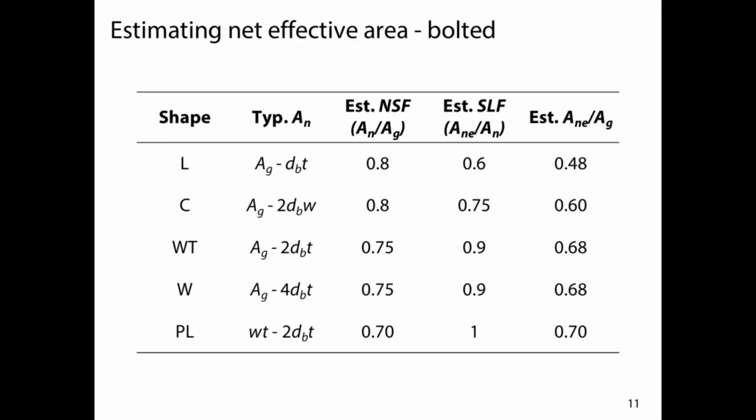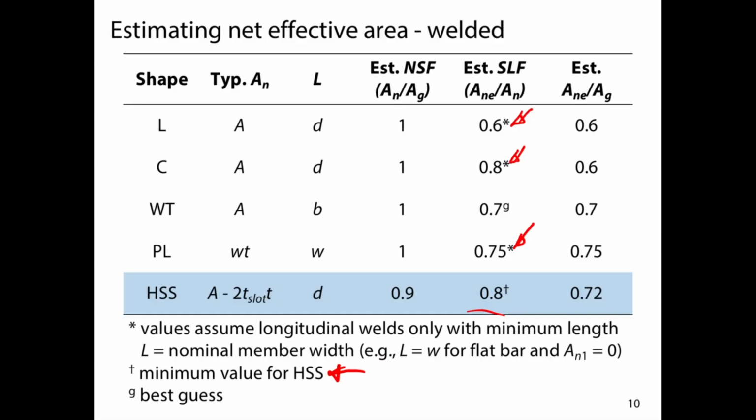Let's say you have no idea, okay, well, there are 4 local fabricators, these folks like to bolt things, and sometimes these folks like to weld things. I have no idea who's going to be building this. If I look at this table, L 0.48 net effective area to gross area, channels 0.6 and plates 0.7, and then I come to the welds and I see 0.6, 0.6, 0.75.